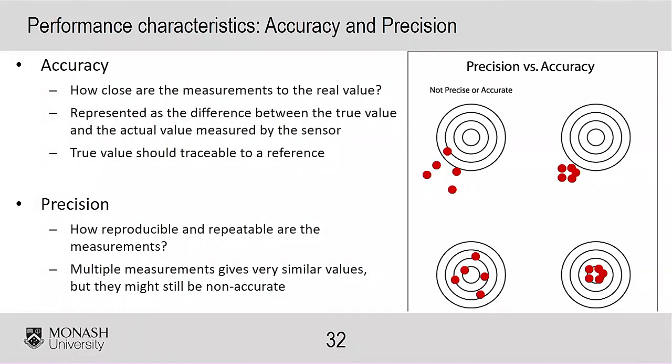I'm not precise and I'm not accurate. Then we have people that are precise but not accurate, so where they're grouped together but they're not really that close to where it needs to be. And the same thing with sensors. We can have accurate but not precise, and then of course precise and accurate, where they are all near where they need to be and they're close together.